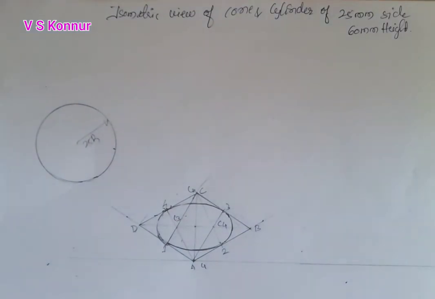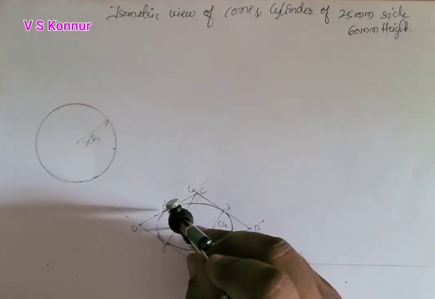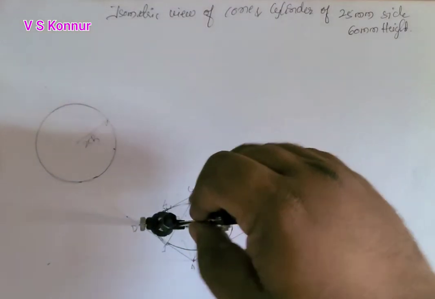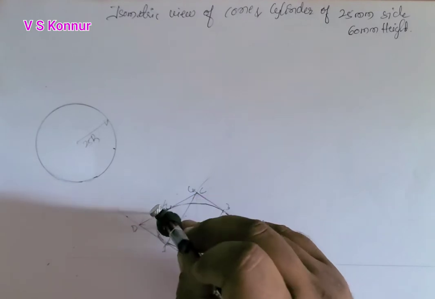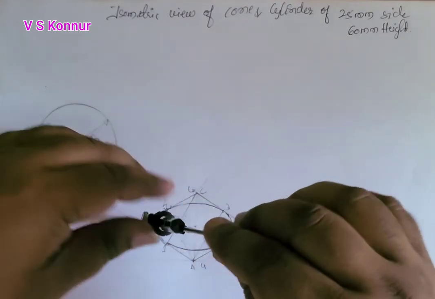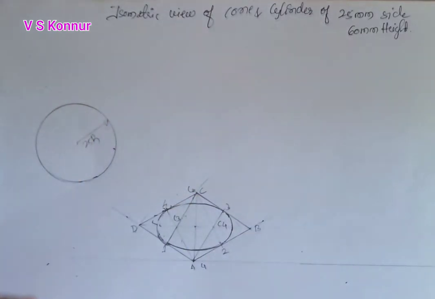So this is how you have to draw it. So once I join this, this is the bottom side I have drawn.